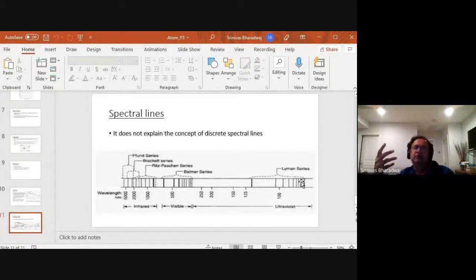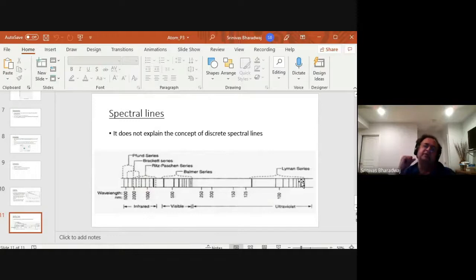In a continuum, you will not see this kind of quantization of lines, hc over lambda, right? So why do you get this particular energy change? Why does it go from a higher energy to a lower energy level? And when it goes from higher energy to lower energy, it emits only this particular frequency, this particular wavelength of light, right?